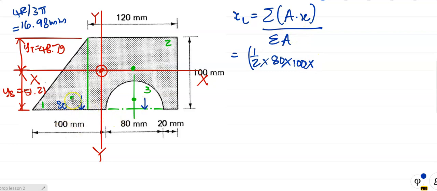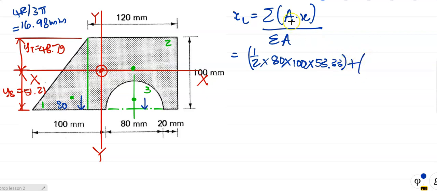X is the distance from the centroid of the element to the point we're taking moments about. So from there to there is 1/3 of 80, but from there to there is 2/3 of 80. So it is 80 times 2 divided by 3, equal to 53.33. If you make it 1/3, it will be wrong.